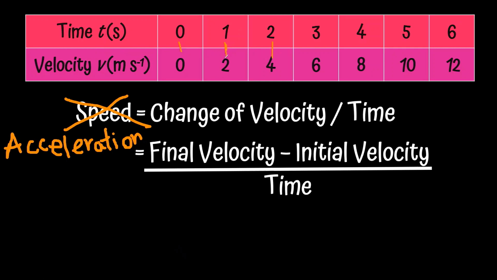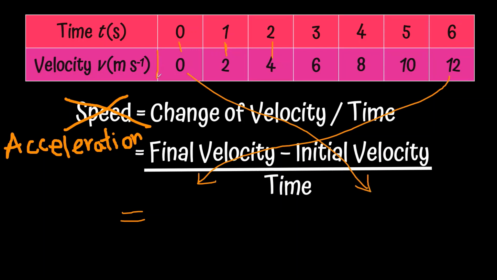It's not compulsory to use every value in this case, because there is no uniform or mean acceleration. The only thing we need to do is find the final velocity and the initial velocity. The final velocity is 12 meters per second and the initial velocity is 0.